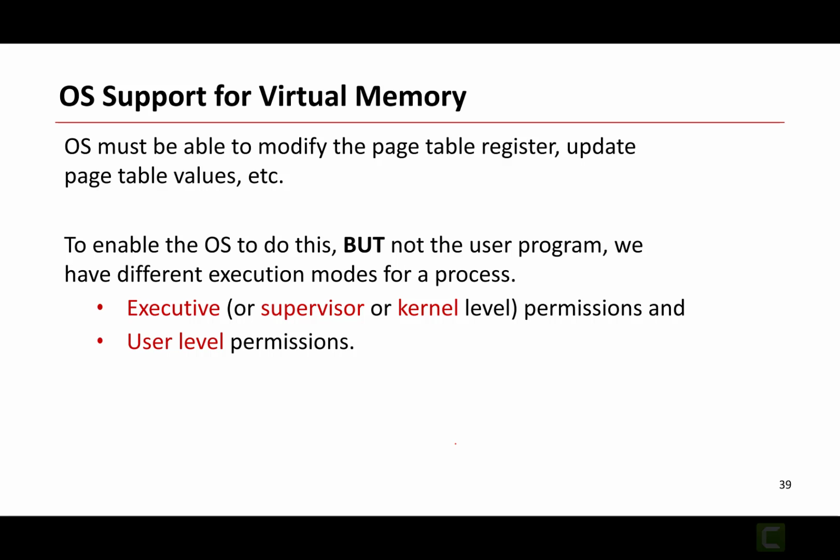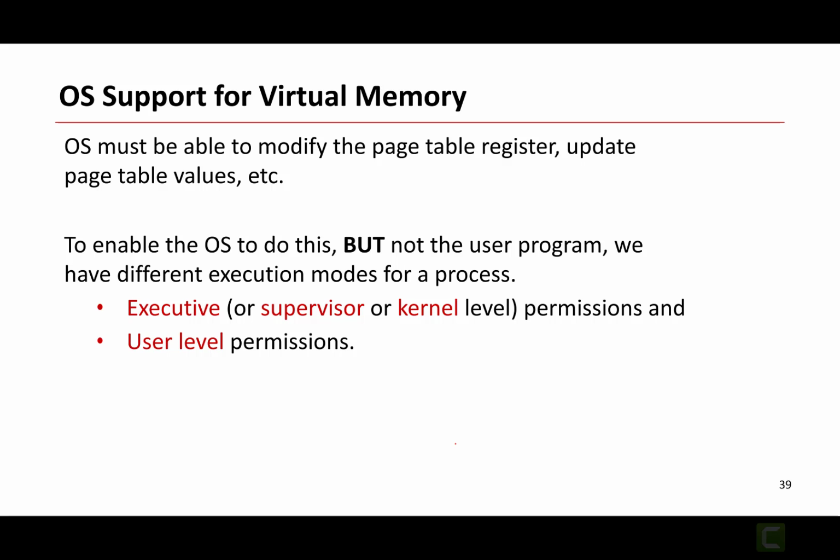Okay, so one final point I want to make is that an operating system provides a few more extra features for supporting virtual memory. So in particular, it must be possible only for the operating system to change the contents of the page table. Because remember, the page table is how you ensure isolation between the processes.